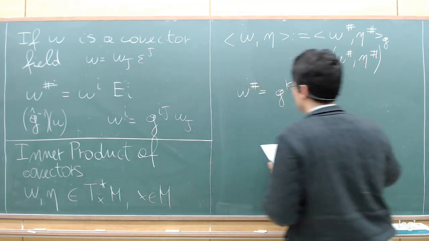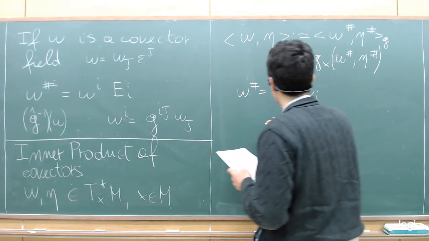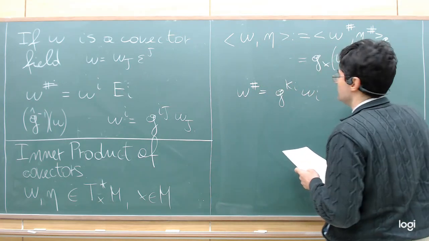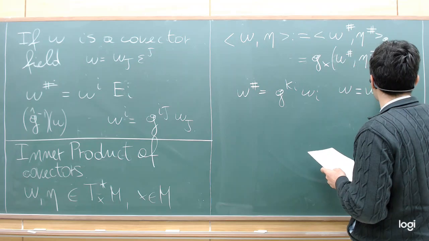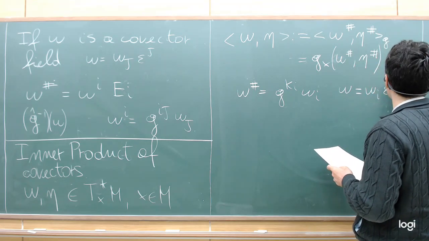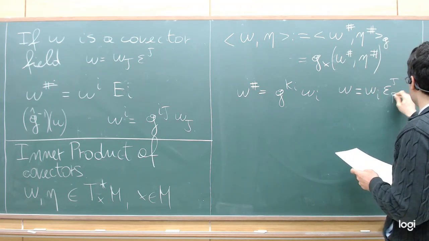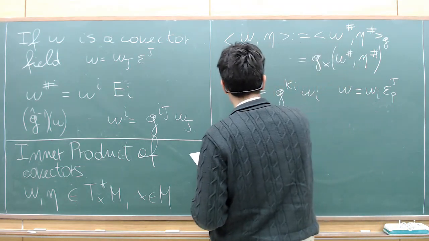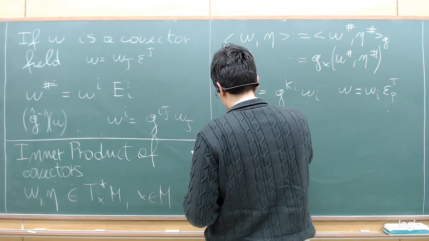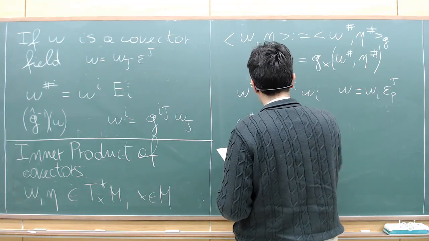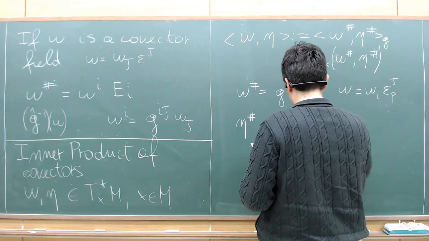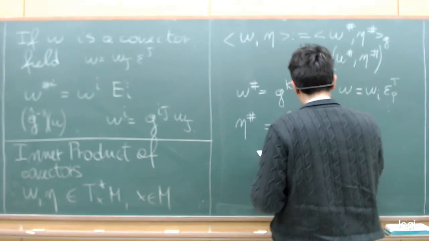I am assuming that omega is given by omega i epsilon i at p, and eta sharp is given by g l j eta j.